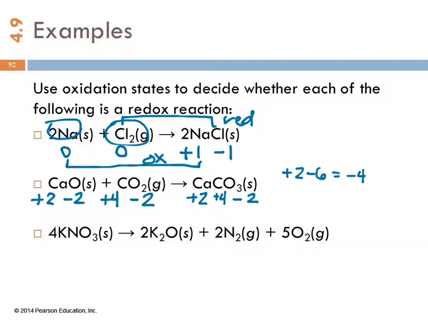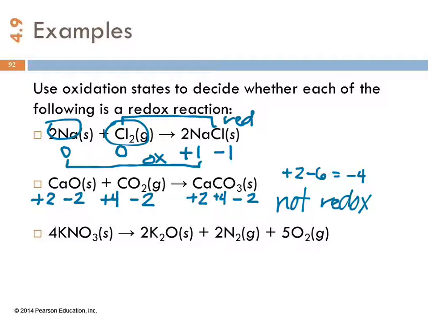This is not a redox reaction. There's no transferring of electrons at all going on here. And the best way to figure that out is looking at these oxidation numbers. It's a device we've created to help us identify things like this. Any questions about that one?